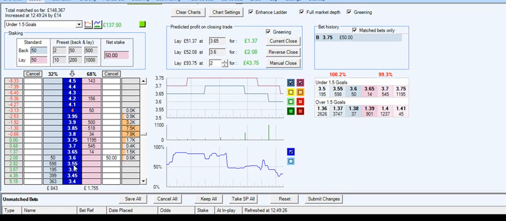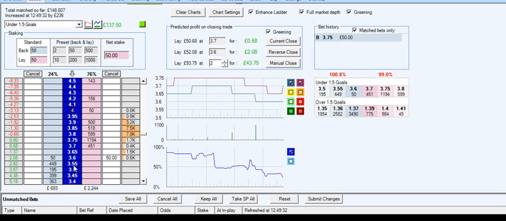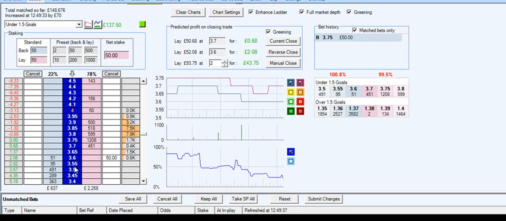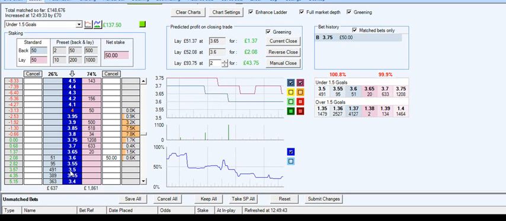When you're scalping this particular market, you need to make a decision on whether you are trying to take 1 tick at a time or go for sort of 3 or 4 ticks at a time. On this particular occasion, I'm looking to take 3 ticks and be matched on that.